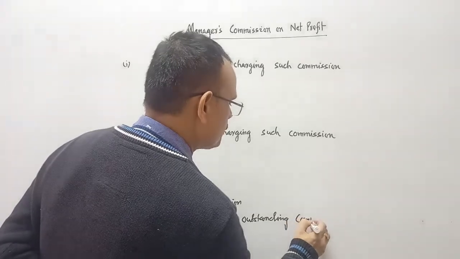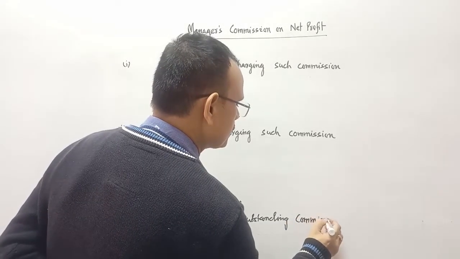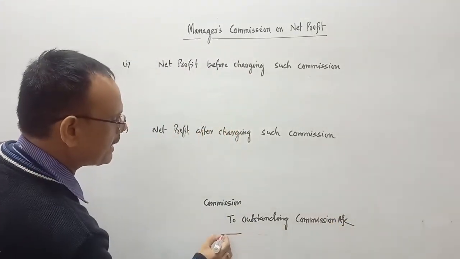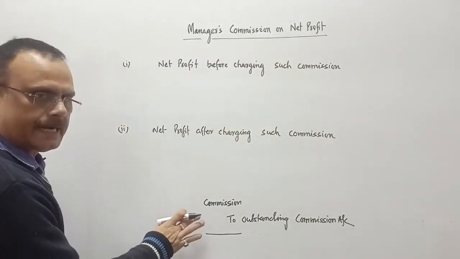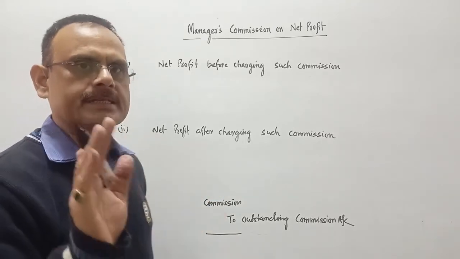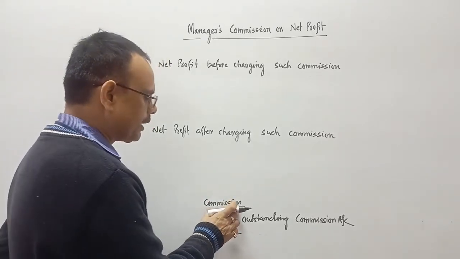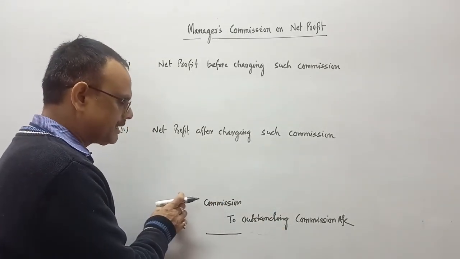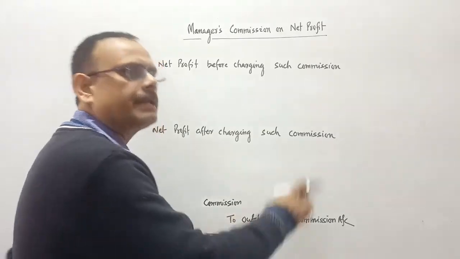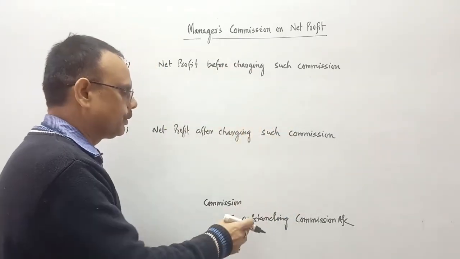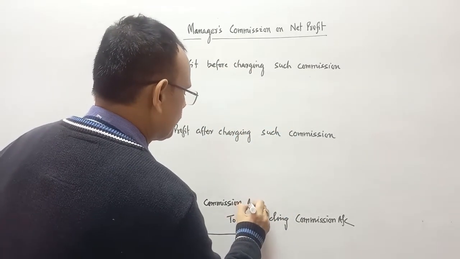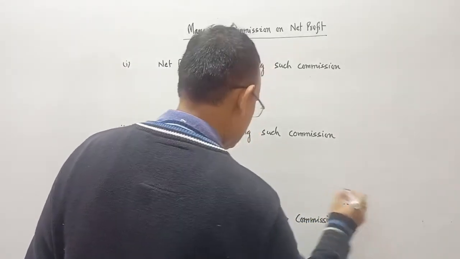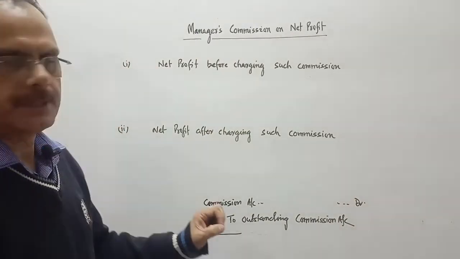Outstanding commission account. This is the adjustment entry for the manager's commission. So commission account debit to outstanding commission, or you may write manager's commission account debit to outstanding manager commission. You may write it. Okay. Commission account debit, because it's an expense, to outstanding commission.